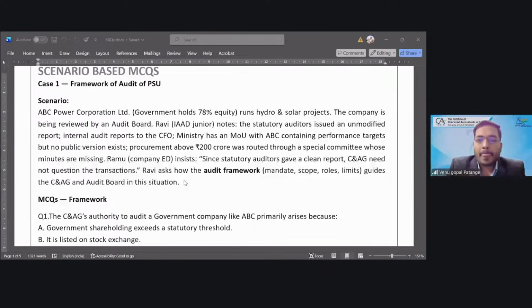Procurement above 200 crores was routed through a special committee whose minutes are missing. Ramu, company ED, insists that since statutory auditors gave a clean report, C&AG need not question the transactions. Ravi asks how the audit framework, its mandate, scope, roles and limits, guides the C&AG and audit board in this situation.